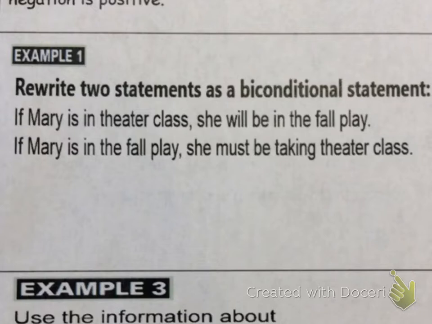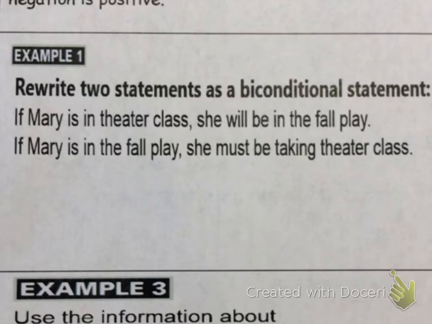It has to use that if and only if phrase. So we're going to say, Mary is in the theater class if and only if she is in the fall play. You could also say it the opposite direction: Mary is in the fall play if and only if she is in the theater class. You could do it either direction.